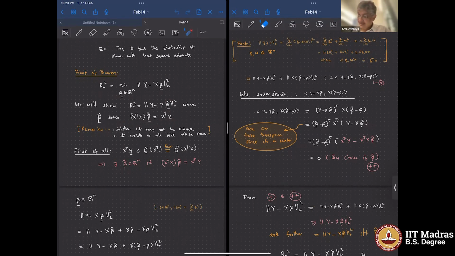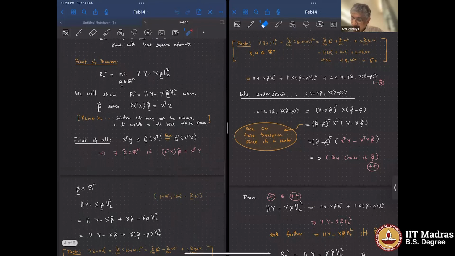It may or may not exist, right? So I said you look at x transpose y. That's an element of the column space of x transpose. And that linear algebra fact says it's the same as the column space of x transpose x. That means there is a beta hat for which x transpose x beta hat is equal to x transpose y. That's just a linear algebra fact. Very good.